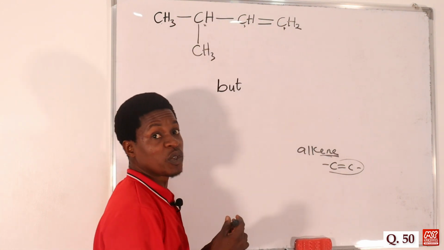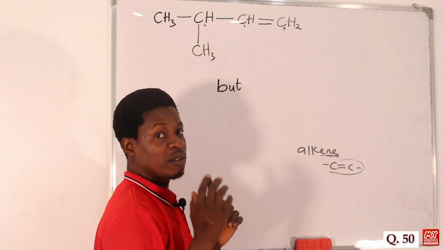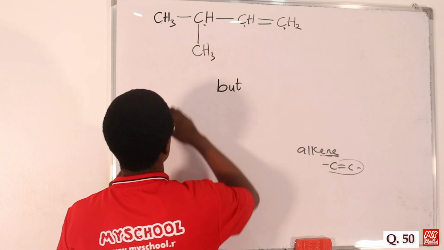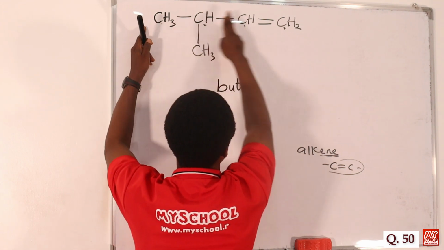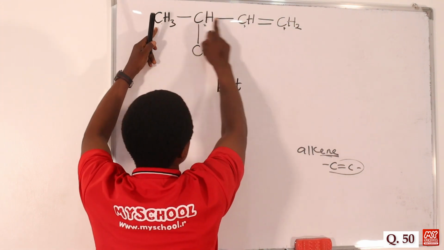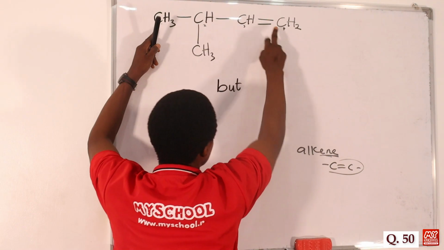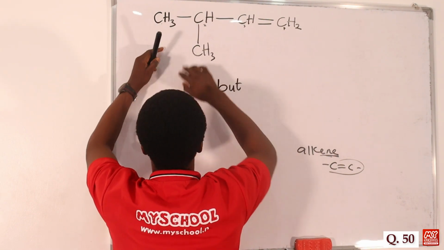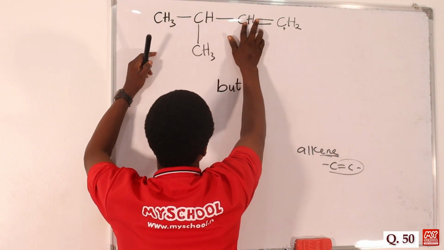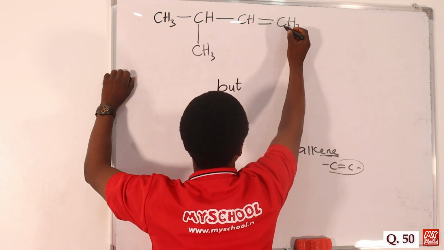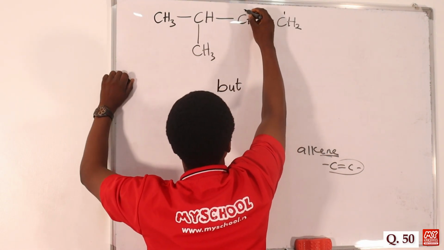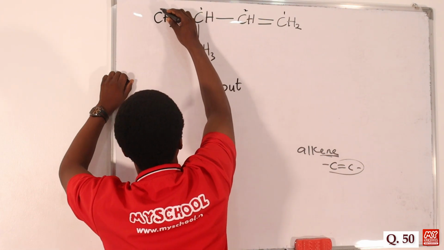But the rule says that we go for the shortest route, okay? So you can count from this way, or you can count from this way. If you go from this way, the double bond is on carbon 4, which is actually long. So let's take it from the other route: carbon 1, carbon 2, carbon 3, carbon 4.